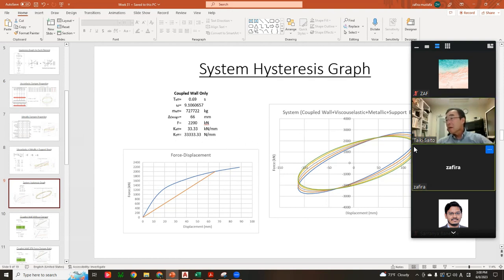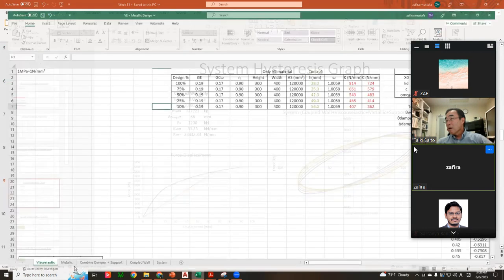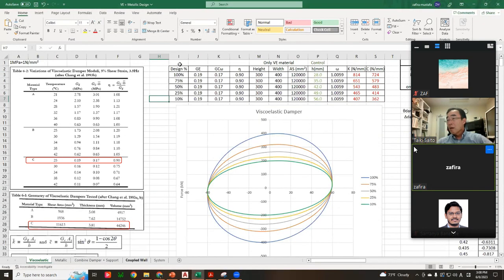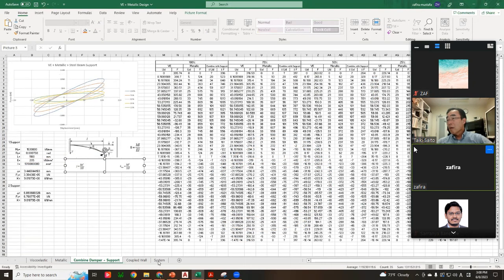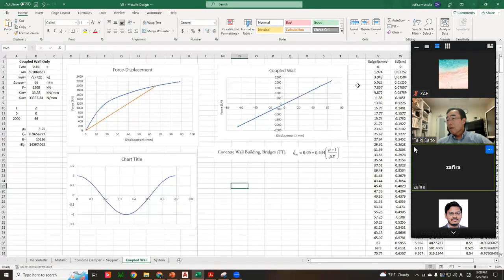Yes, but I added together like this. So this is the combination of the metallic and the support. And after that, I only run to get the stiffness from the couple wall. And after that, I combine everything together.